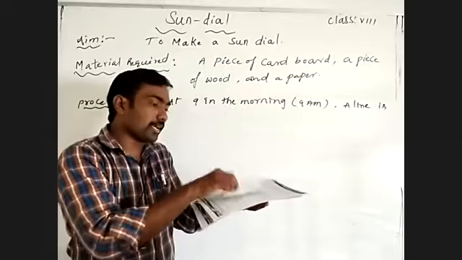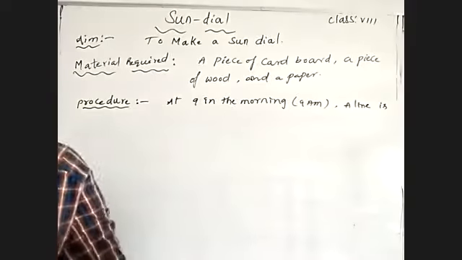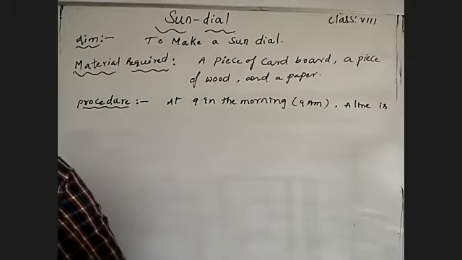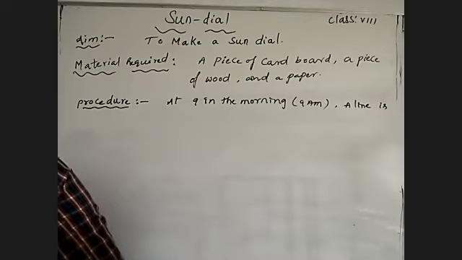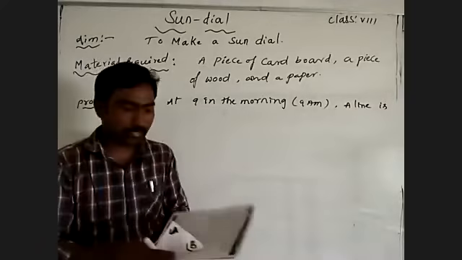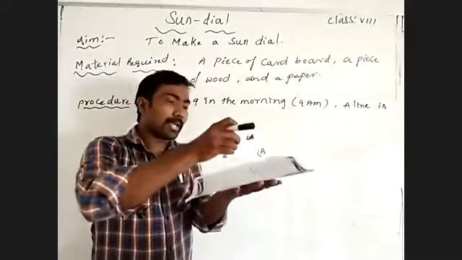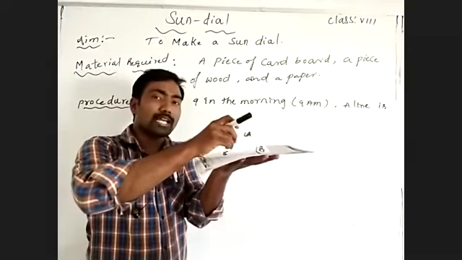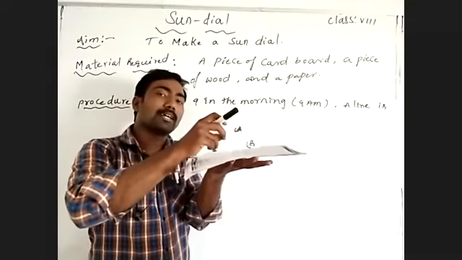Observe carefully what I am saying. This is angle A, and this is C and B. We are placing it like this on the wooden base. So angle C is towards the south and angle B is towards the north.